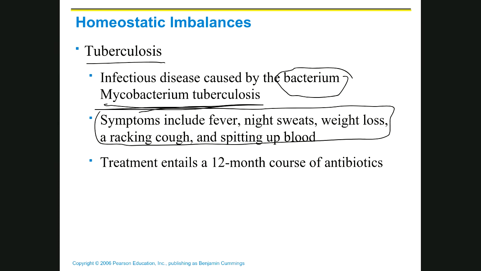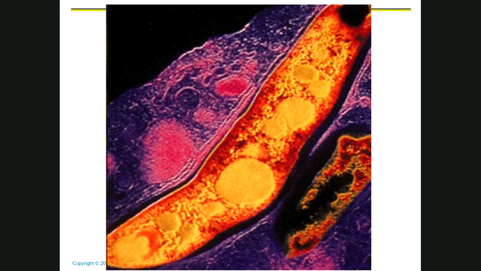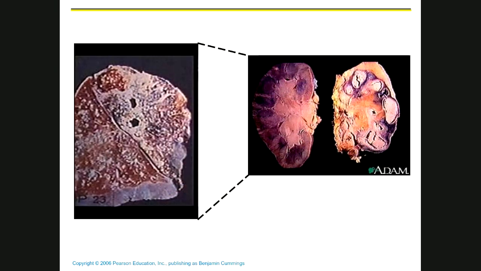But one of the things that happens is, here's that mycobacterium. When it gets in our lungs, we build a wall around it. A wall. And so when you look at that, you can see these walls that have been built. And they form these nodules in here.